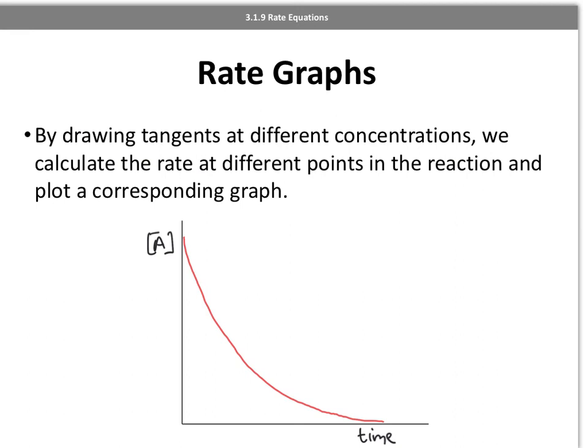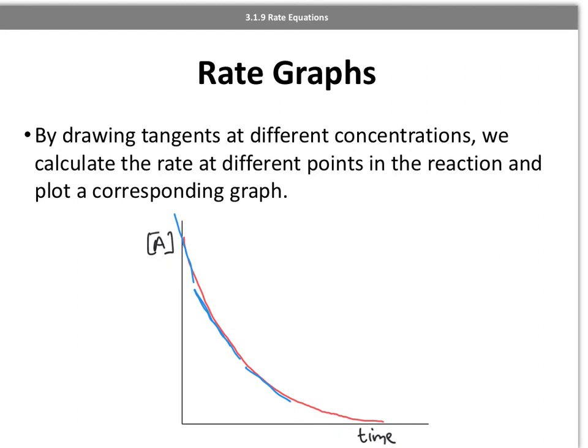Now, once we have a concentration versus time graph, one of the things that we can do is draw tangents at different concentrations or at different times, and we can then calculate the rate at those times or at those points in the reaction and plot a corresponding graph of rate versus concentration. Apologies that my tangents aren't terribly good here.